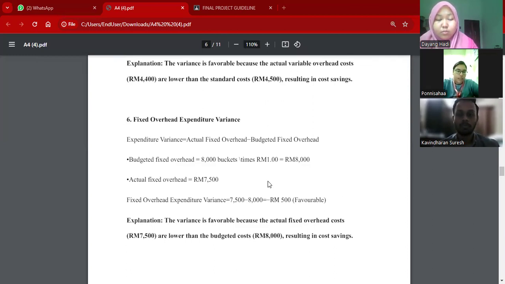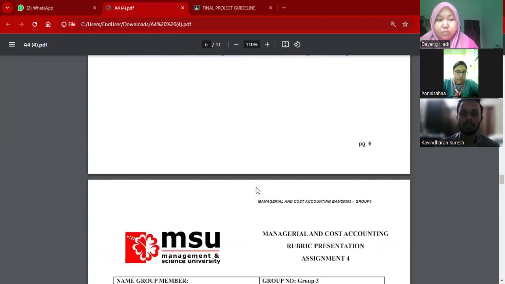So the fixed overhead expenditure is 750 minus 8,000, and we got minus 500, favorable, because the actual fixed overhead cost of 750 is lower than the budget cost of 8,000, resulting in cost savings. Thank you.